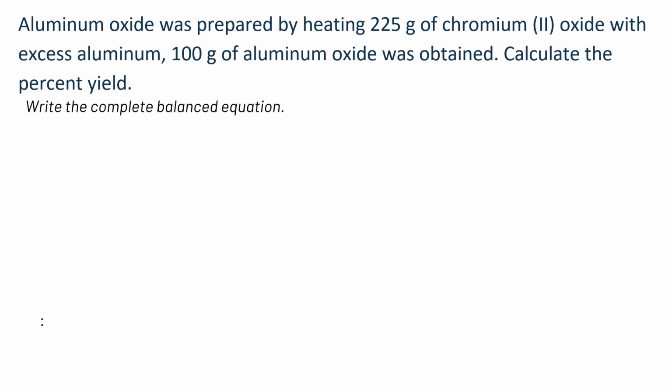So the first thing we need is our balanced equation. Our balanced equation is going to be chromium oxide plus aluminum. It's going to be a single replacement reaction because I have a compound and a singular element. I'm going to balance these.